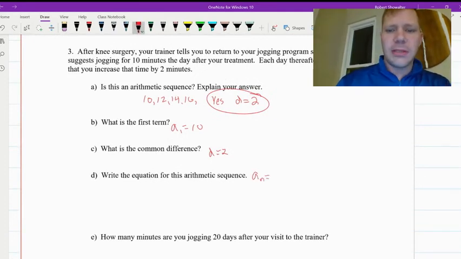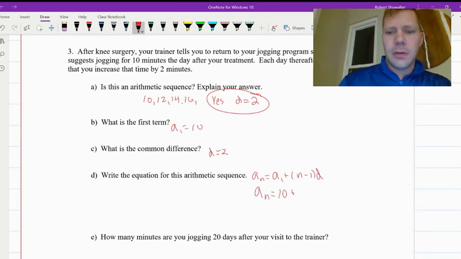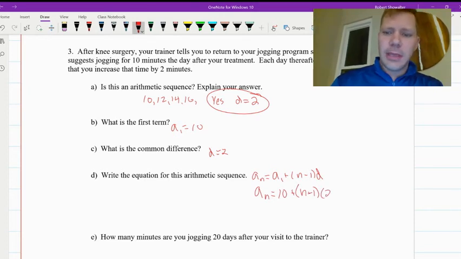We can write our equation using our formula, and we drop our values into that formula. A sub n being 10, n minus 1 staying the same, because that's part of the formula, times 2 being the common difference. We distribute, simplify. We get a sub n equals 2n plus 8.